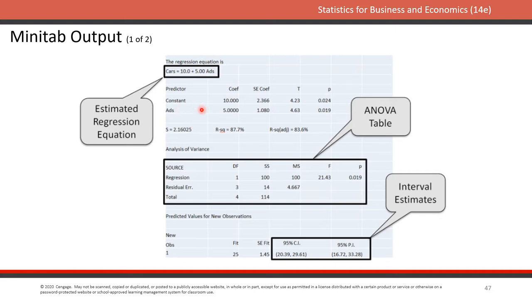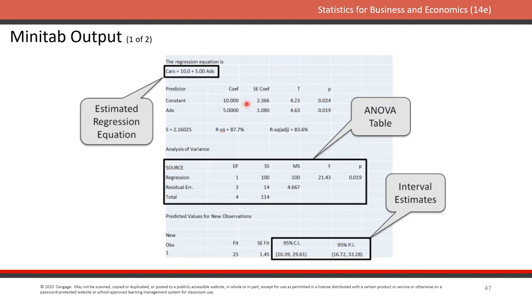If they just wrote slope 1, slope 2, slope 3, that'd be confusing. So what's clearer is to just write the variable name, and for you to know this is the slope for that variable. So for ads, my independent variable, the slope is 5. As ads goes up by 1, the outcome cars is expected to go up by 5. We've also got the standard error for each of these coefficients.